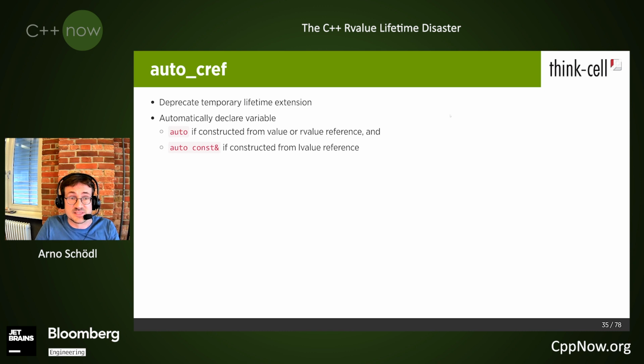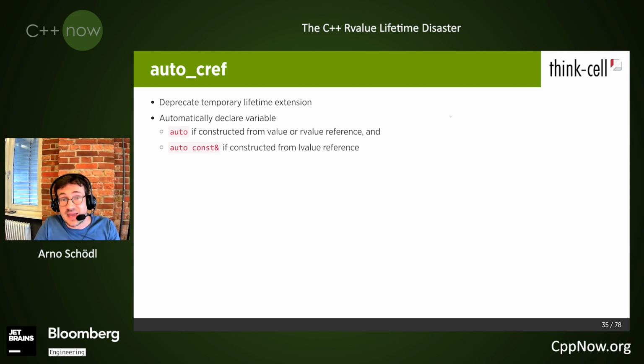This temporary lifetime extension has reached the end of its useful life, I think. Now, what we really want is we want to automatically declare a variable, either with auto, if we construct it from a value, or from an rvalue reference, because the rvalue reference will die soon, so we have to rescue its value into somewhere.